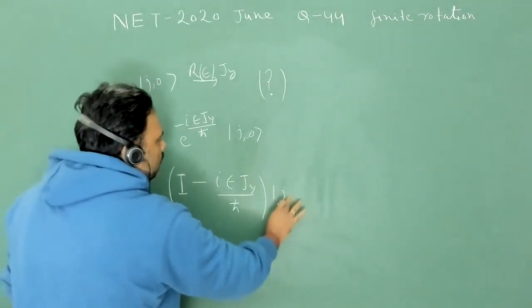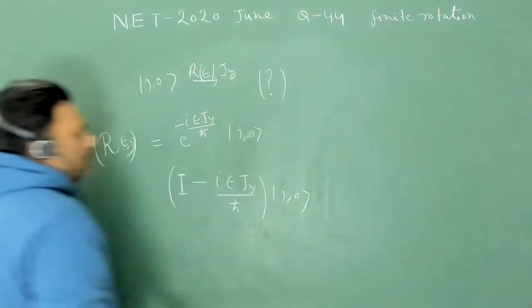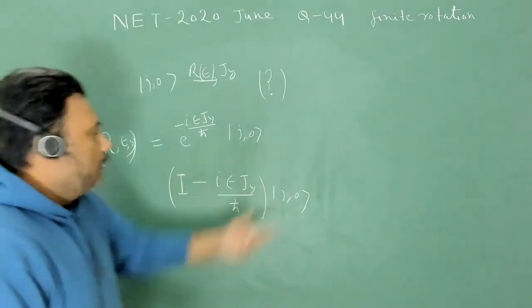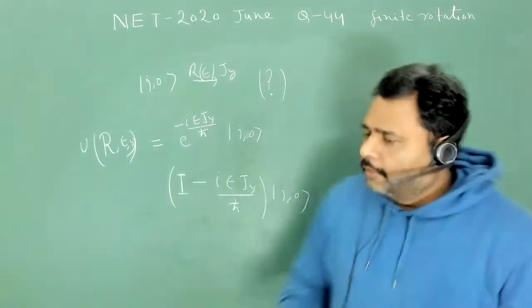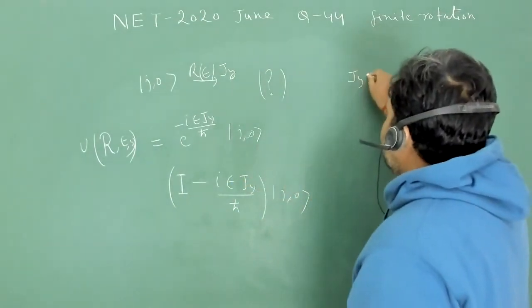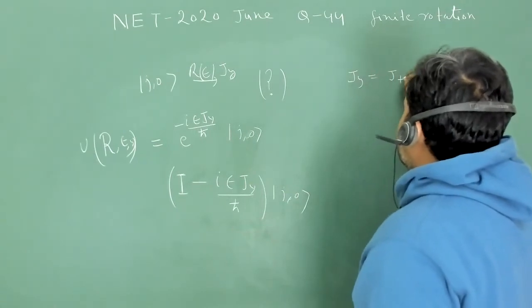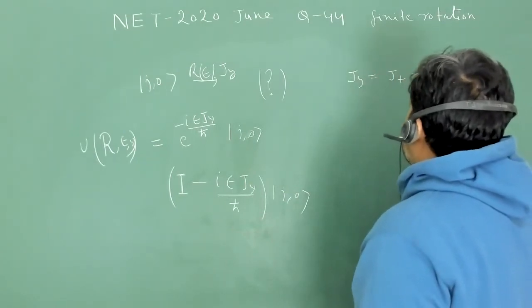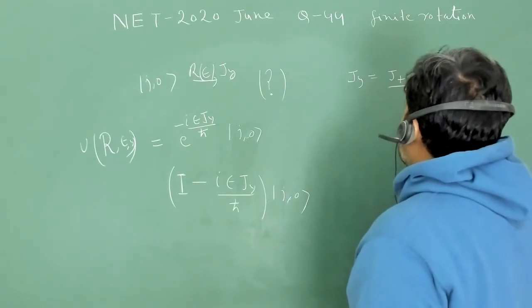Here we can operate it on |j0⟩. Now how can we operate it? We also know what Jy is. The Jy operator is simply J plus minus J minus upon 2i.